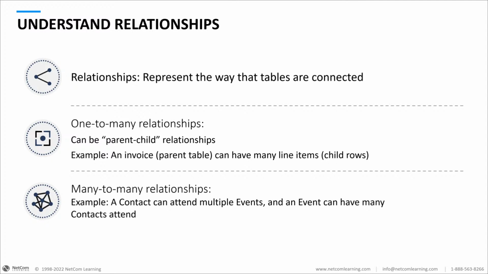And so a single event can have multiple contacts that attend that event, and this event, in this particular case, can have multiple contacts attend. So it is more complex because there are more data relationships that need to be maintained, and this allows us to increase the amount of information that can be worked with together between the different columns.